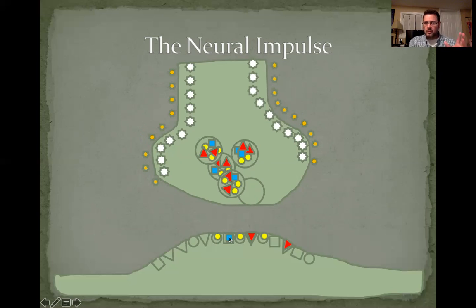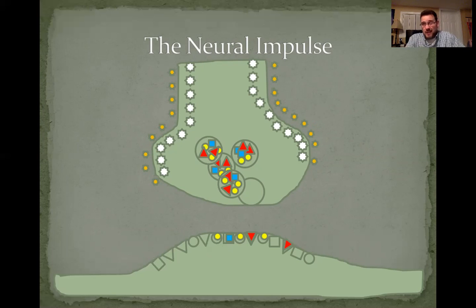The whole job of these neurons is to send and receive messages. And that's what we're seeing here. The neurotransmitters are the message. Okay, each one of these little chemicals carries a message, which we'll get to. And we just saw that message received into receptor sites of the postsynaptic dendrite.